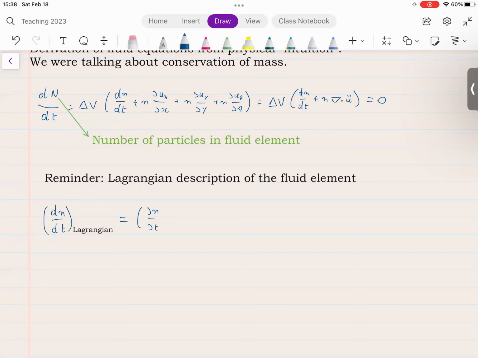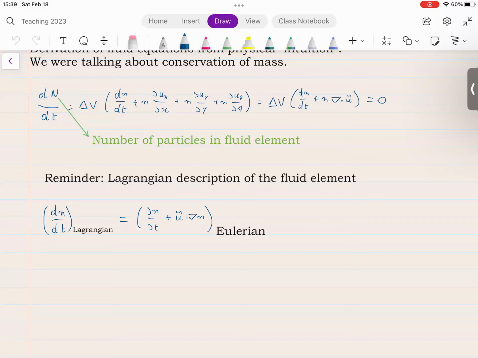This is going to be, again, equal in the Eulerian description of the plasma to the partial derivative of the density plus u dot grad n. And again, this is going to be the Eulerian description.